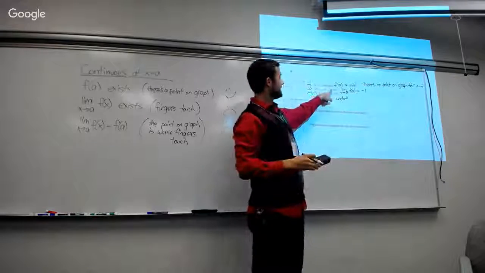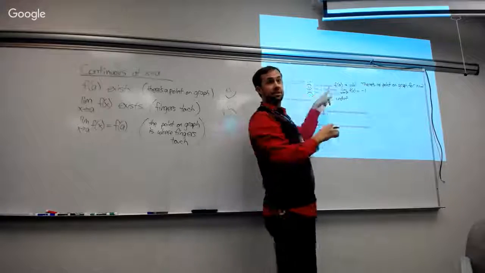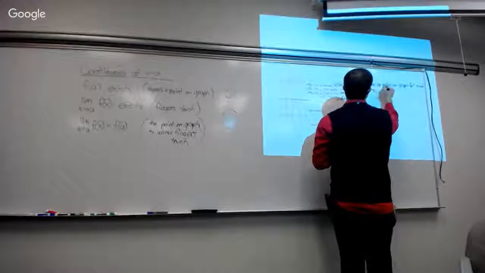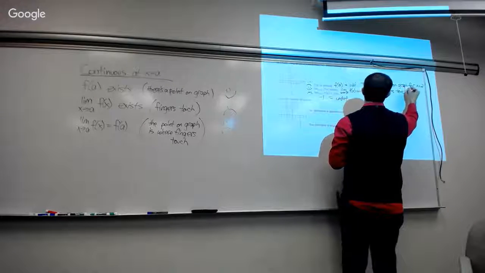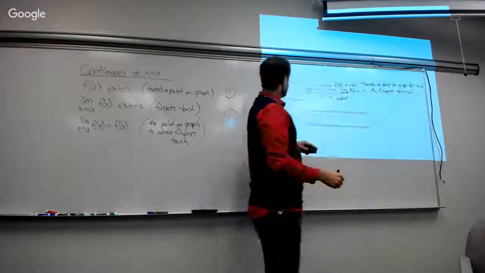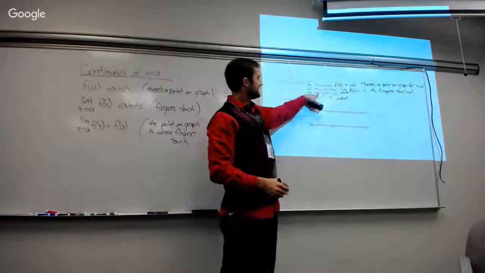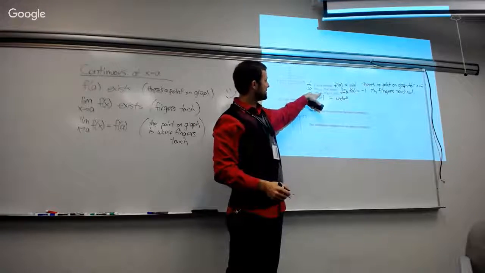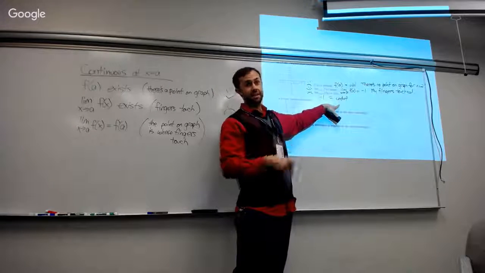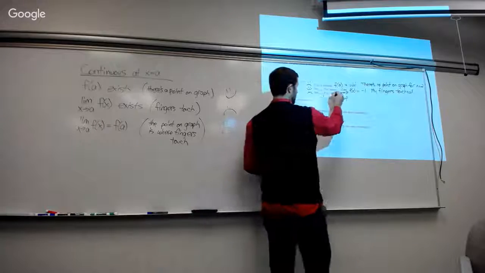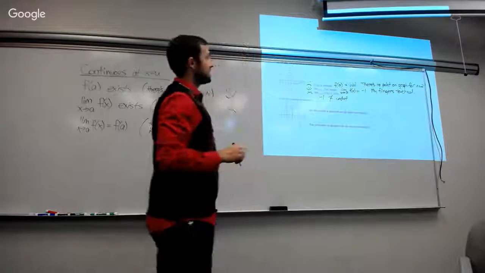And then for the second one, the limit does exist because your fingers touched. Whereas this last one fails because the point where my fingers touched is not equal to the point that the function equals, because the function is not equal to anything. So -1 is not the same value as undefined.